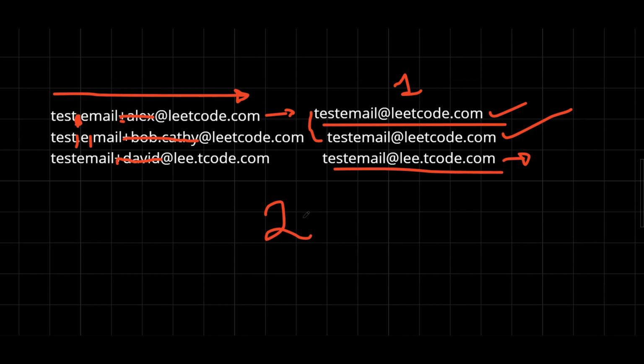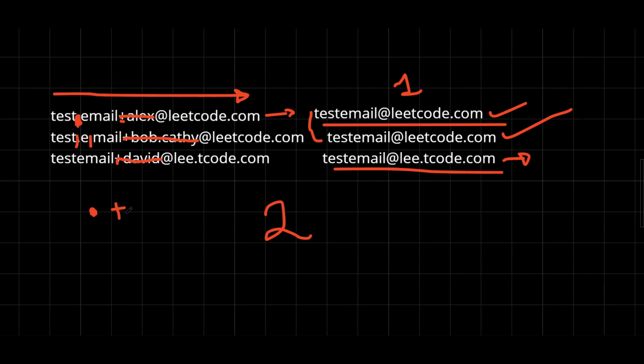I am wrapping up the algorithm here. For each character in the email, we have to check whether the current element is a period or not. If our current element is a period, then we have to simply ignore it. Otherwise, we have to check if the current character is a plus or not.